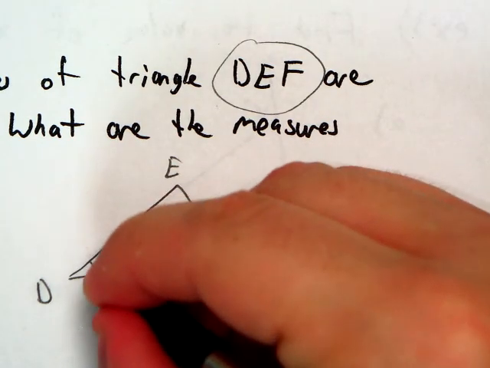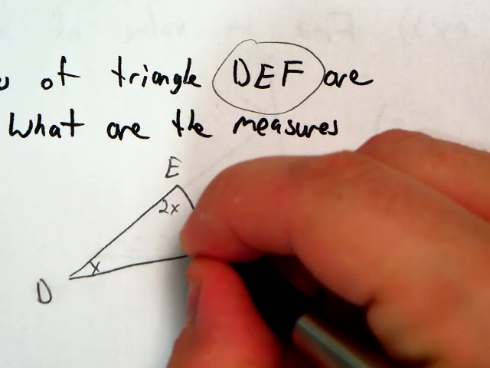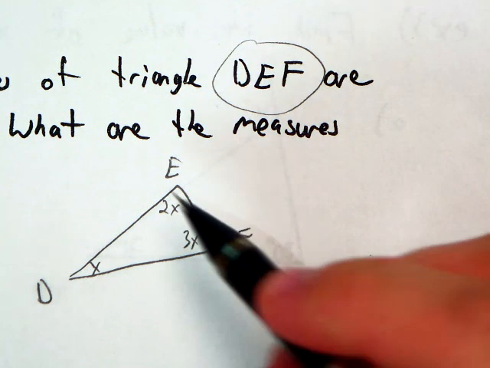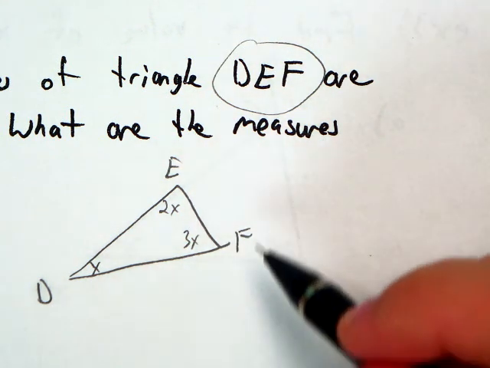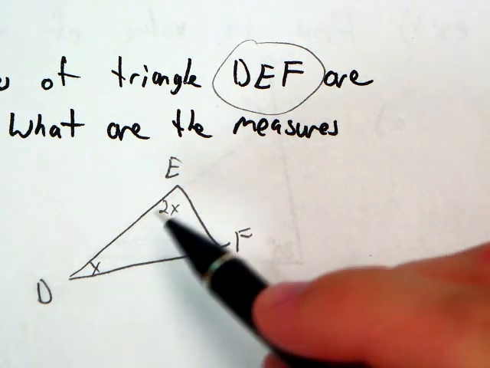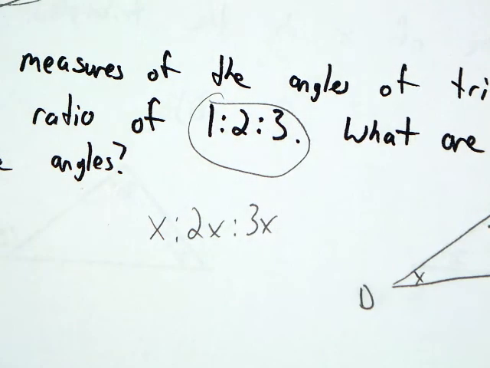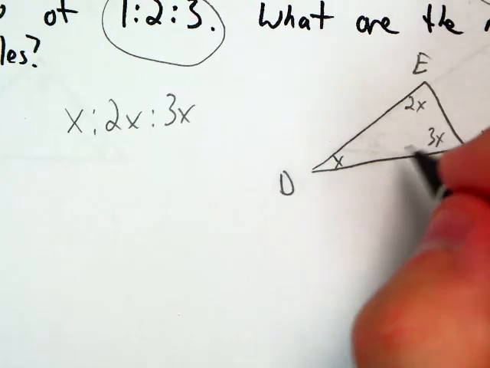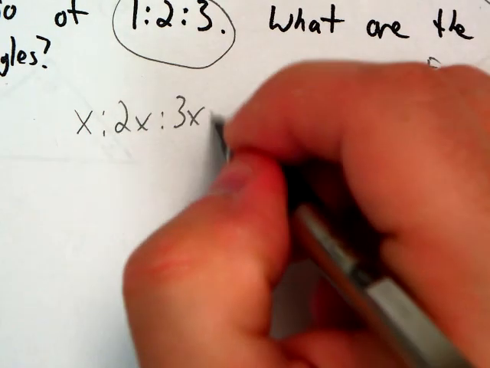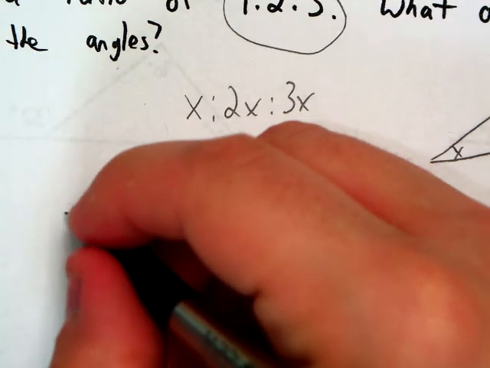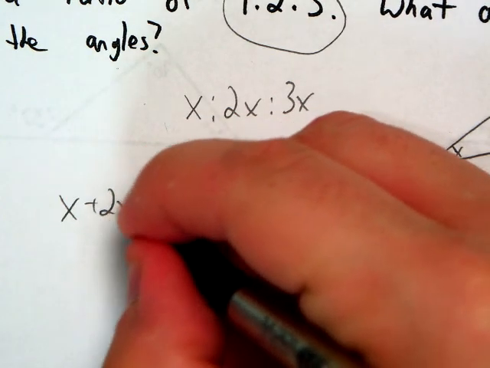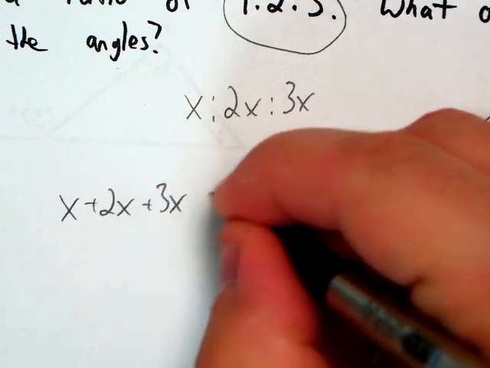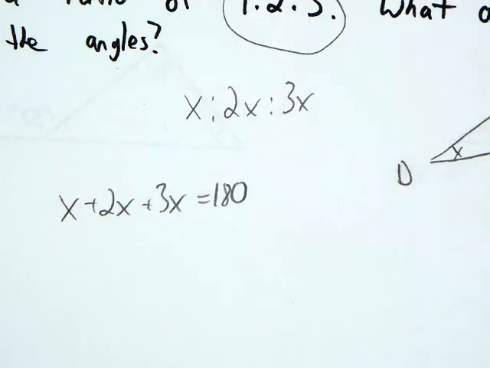So this would be X, 2X, and 3X. Now this triangle is probably not drawn to scale, but this is how it would be laid out. D, E, F, 1, 2, 3. Now, if we add up these three angles, add up these three parts of the ratio, remember the sum is 180 degrees.